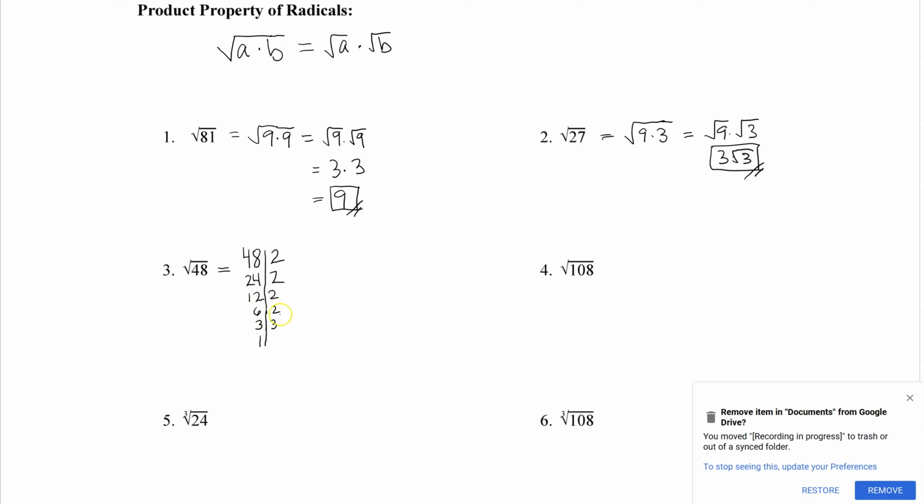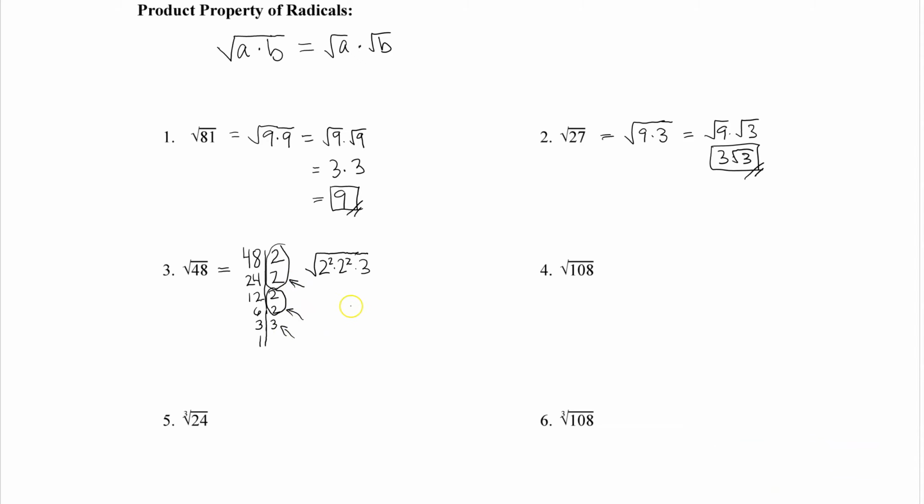When you get to 1, you're done. So the square root of 48, we can circle pairs here. We can write 48 as 2 squared times 2 squared times 3. This is 2 squared, and this is 2 squared, and then we have 3.